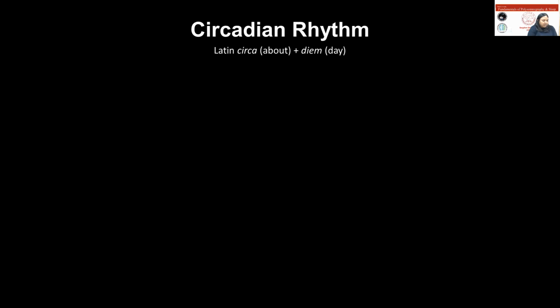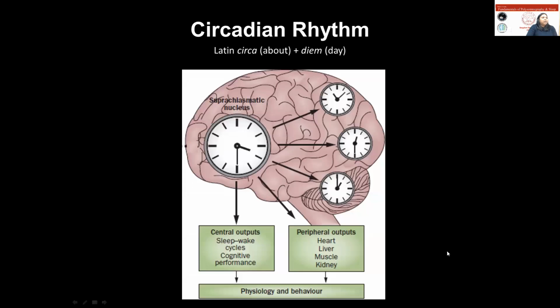One of the downstream rhythms, which is of particular importance in this talk, is maintenance of sleep-wake cycle. So the suprachiasmatic nuclei is an endogenous biological clock, which maintains downstream 24-hour rhythms, such as sleep-wake cycle, cognitive performance, etc.